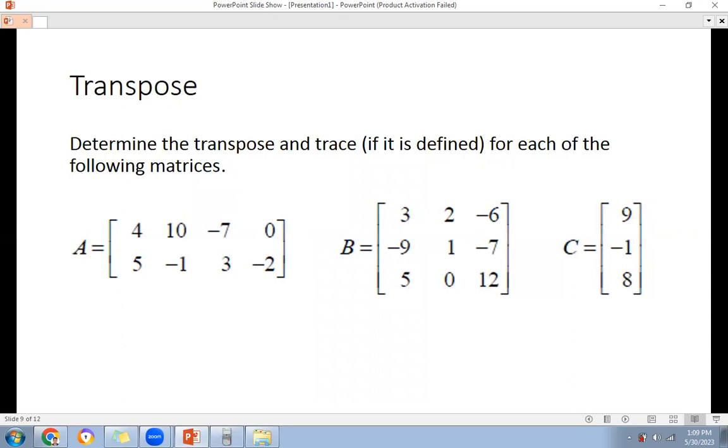Next is transpose. Transpose is basically about rearranging the rows and columns of the matrix.